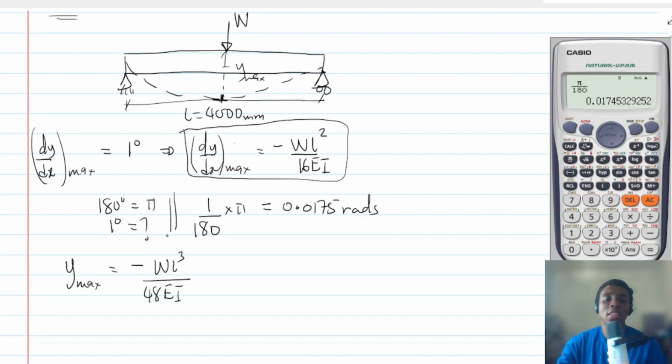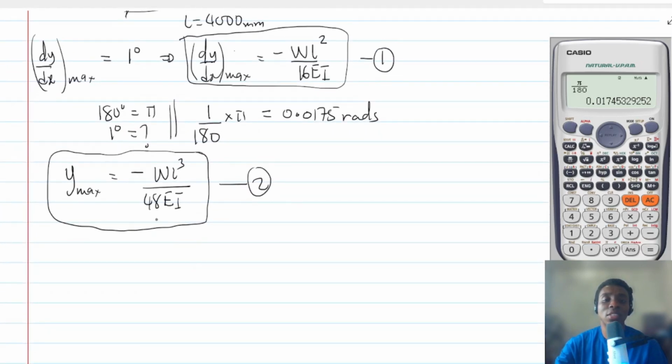Let's divide equation 1 and equation 2 and see something. Let's say this is equation 1 and this is equation 2.